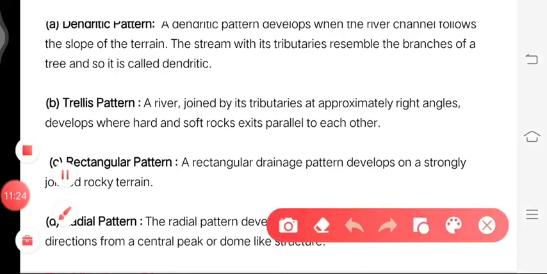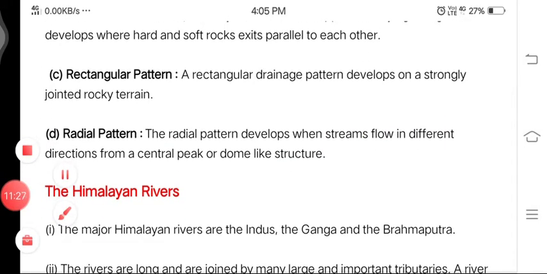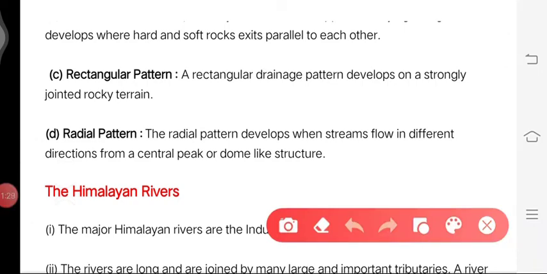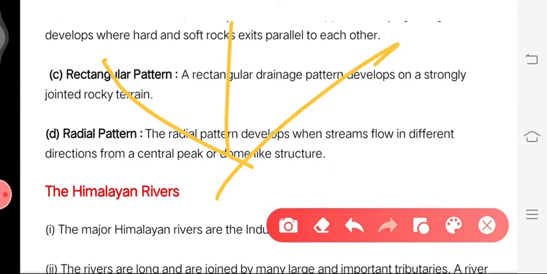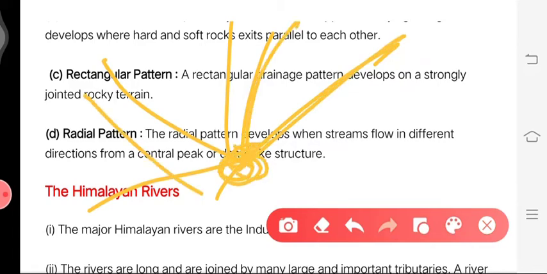It means that the streams of a river flow in different directions, one going in this direction, another in that, from a central peak. From this point, they go in different directions. These form a central peak or a dome-like structure. This pattern is called the radial pattern.